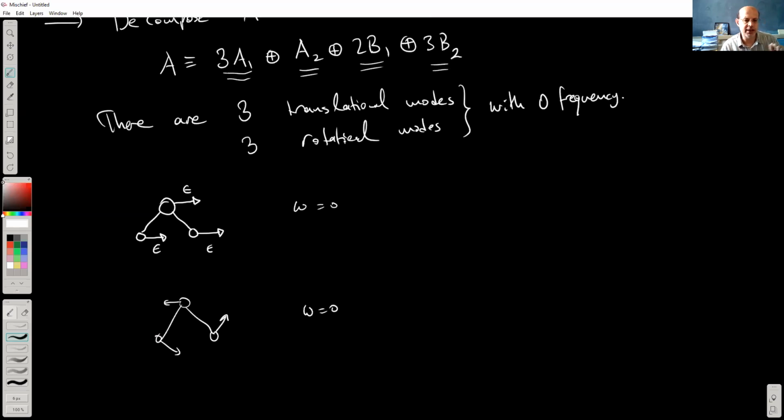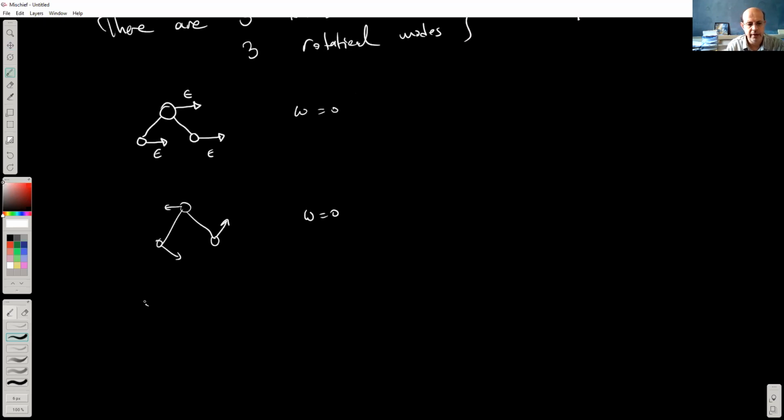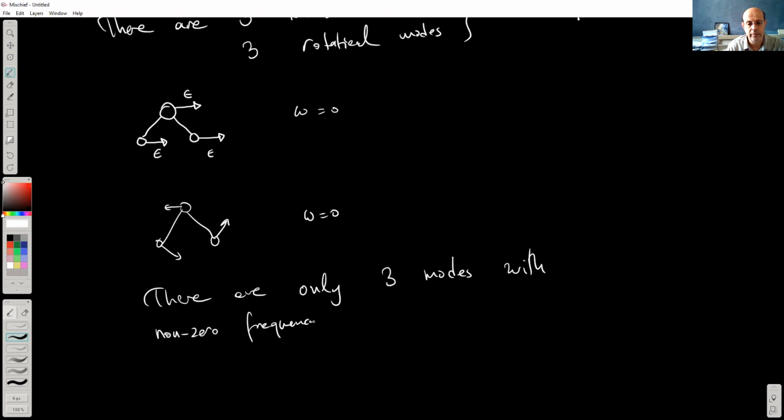And so as a result, you are left with only 3 modes with non-zero frequency, okay? Yeah, it appears that 2 of them are trivial representations, and one of them is a B2 mode.